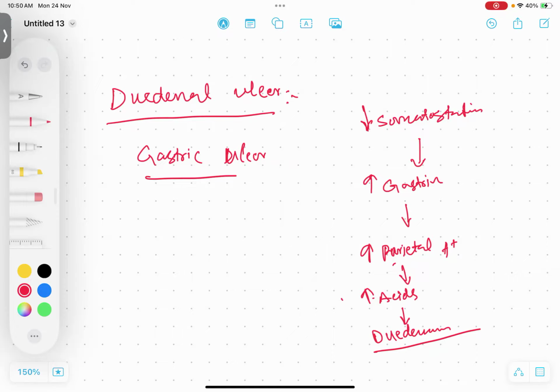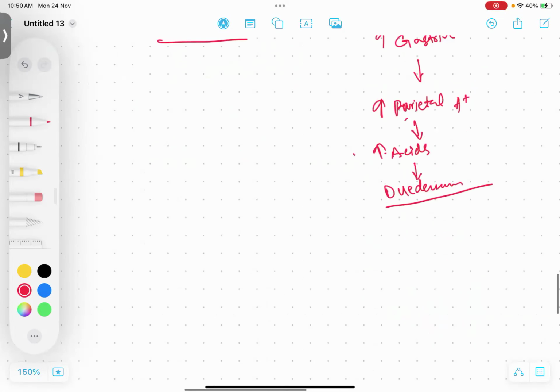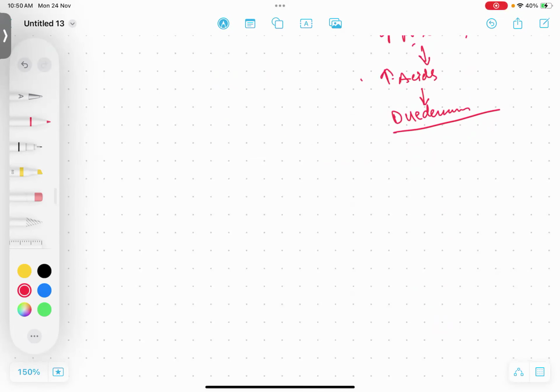So the pathogenesis of duodenal ulcer and gastric ulcer is different, and I told you the mechanism, right? So did you guys understand this concept? Yeah. All right.